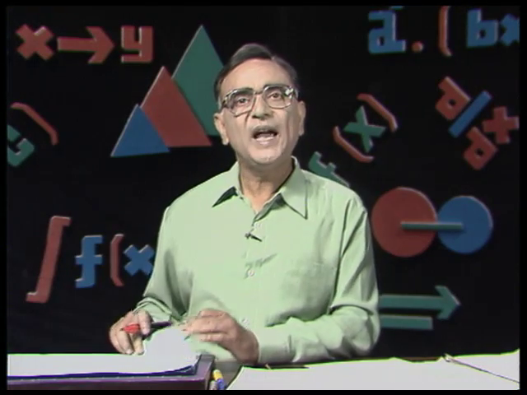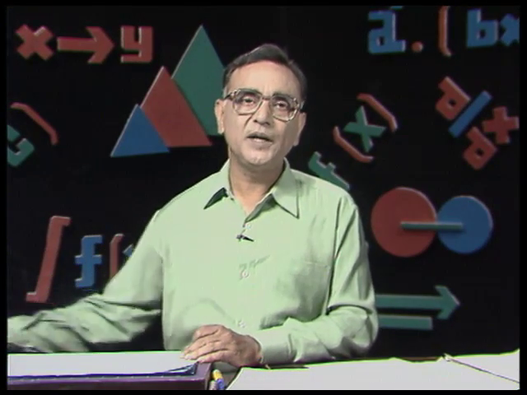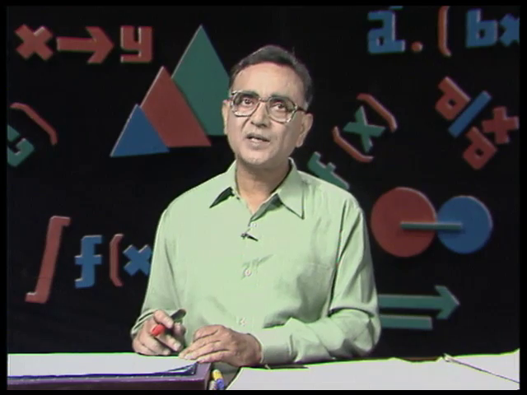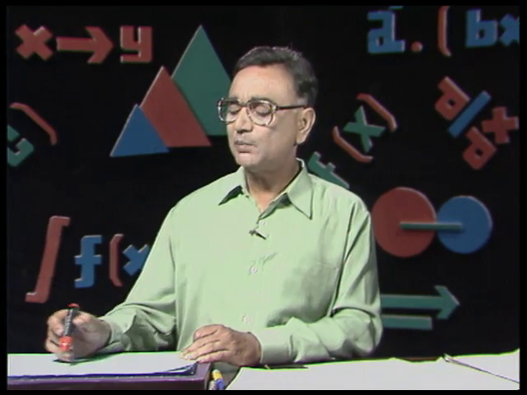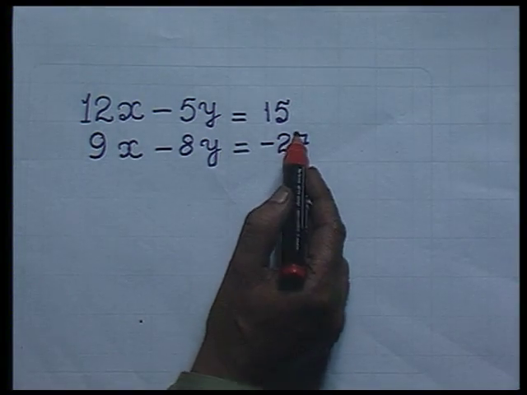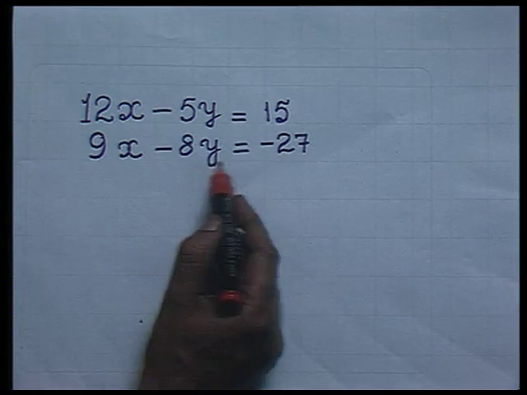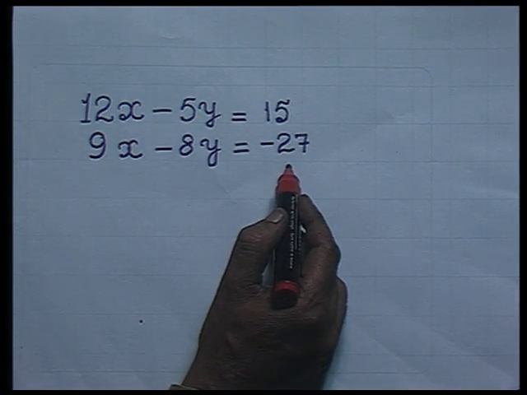So now we have two equations from the two conditions, and these equations are 12x minus 5y equals 15 and 9x minus 8y equals minus 27.